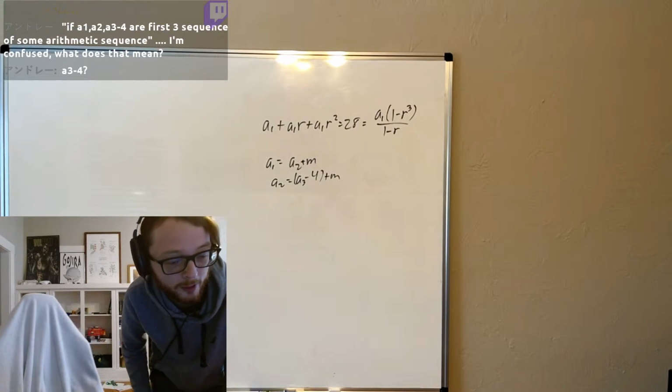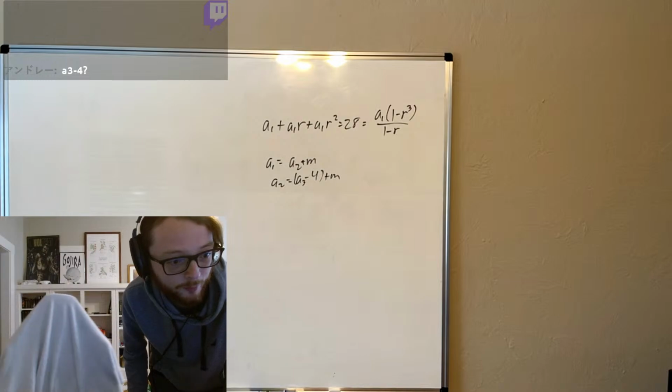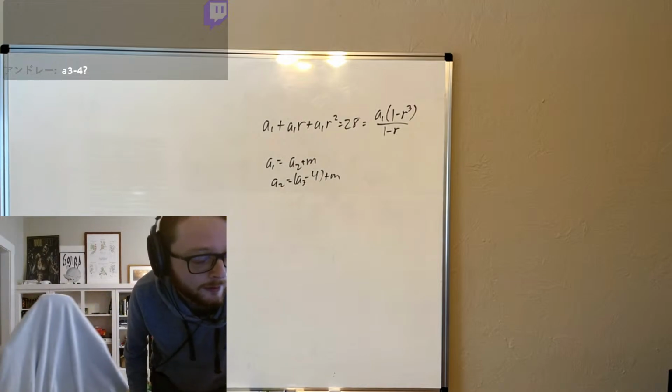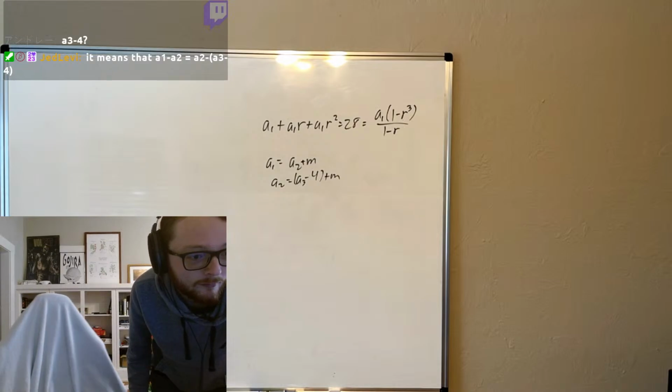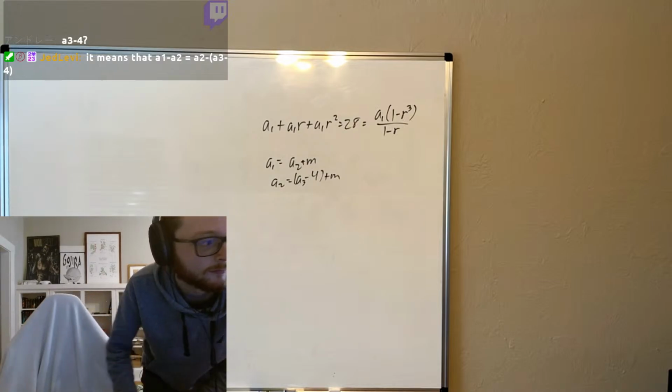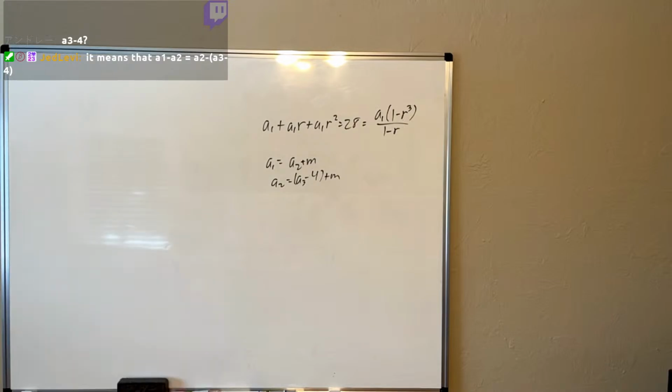A3 minus 4, it's literally just the A3 term minus the number 4. R is less than 1, Thunder? Yeah, you're right. Yeah, you could eliminate m from there.